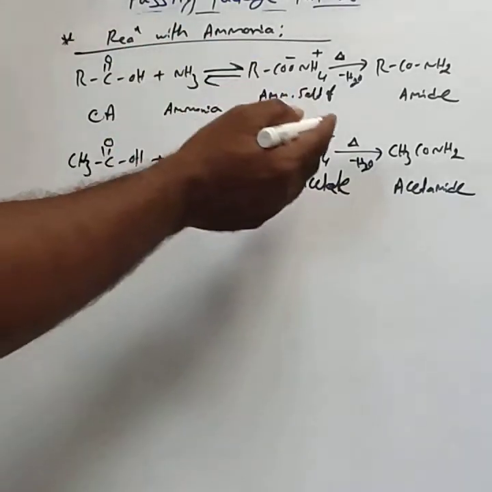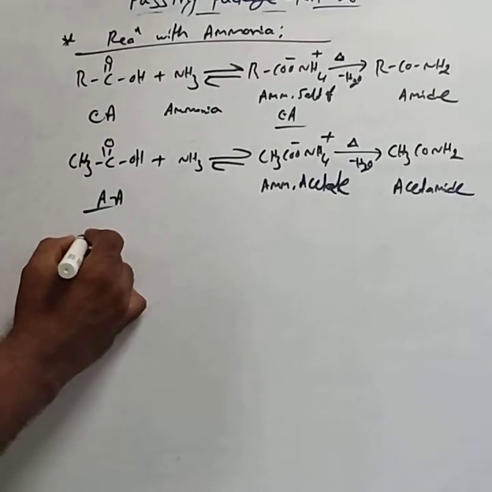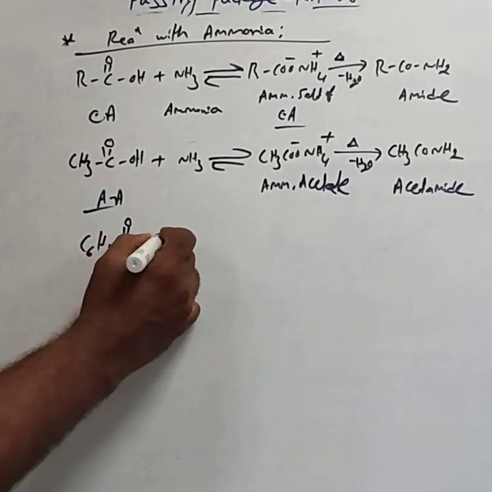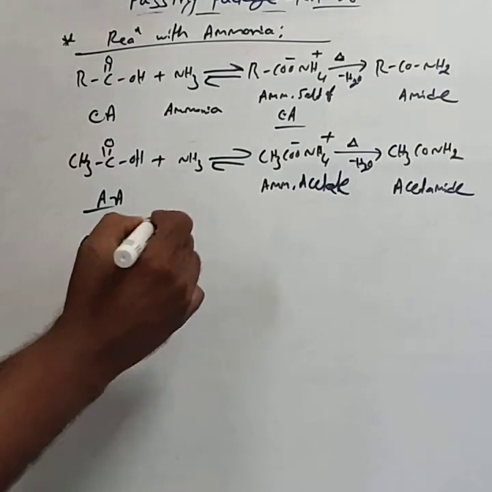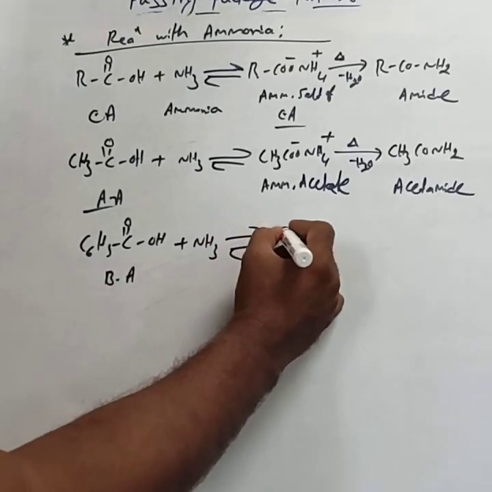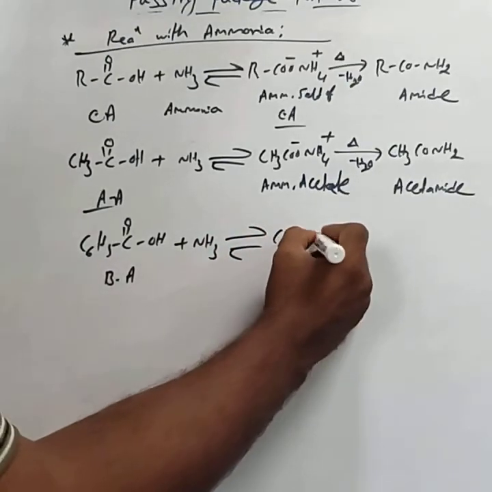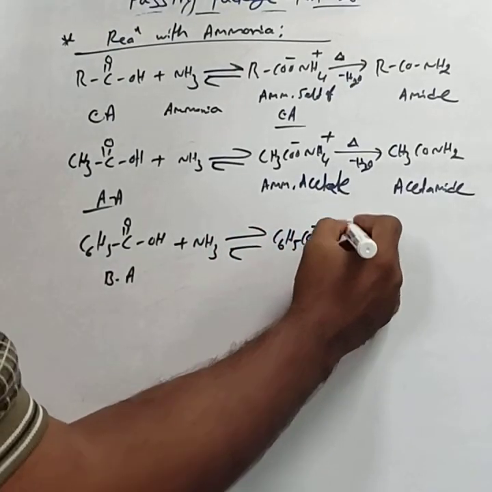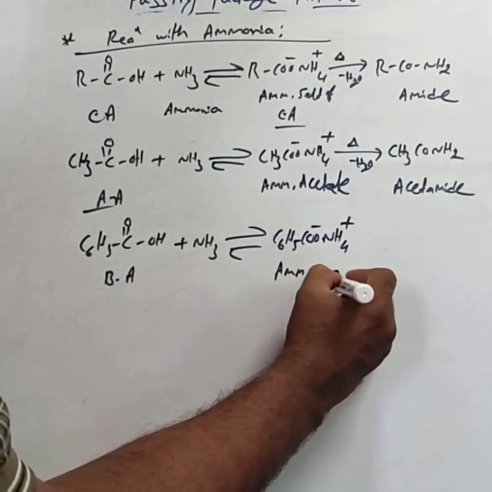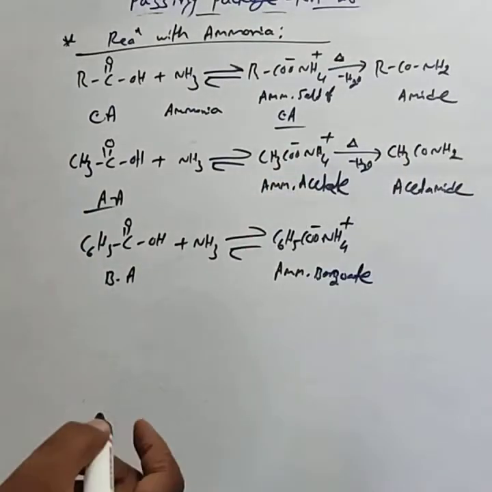These are all used for completing the equation. Take one more, C6H5COOH. This is called benzoic acid. It reacts with ammonia to form C6H5COO minus NH4 plus. This is called ammonium benzoate.